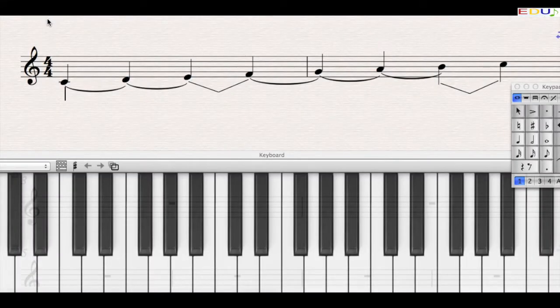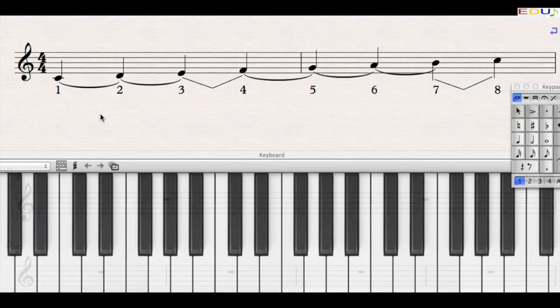So let's give these notes numbers. This is note number 1, note number 2, note number 3, note number 4, note number 5, note number 6, note number 7, and note number 8. So which tone steps do we find in a major scale?